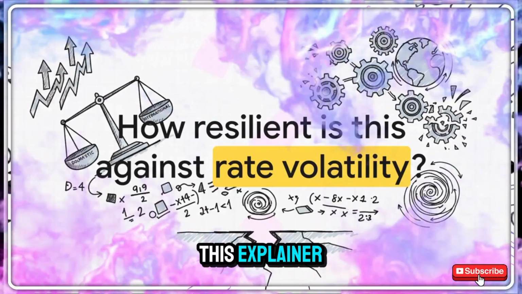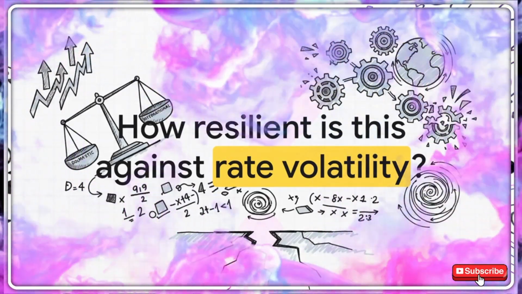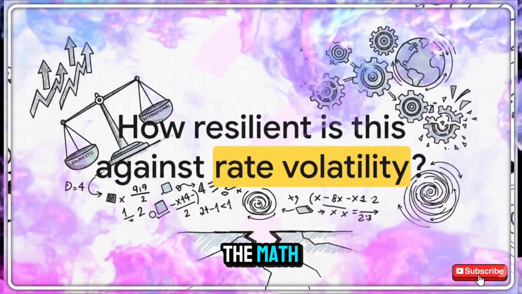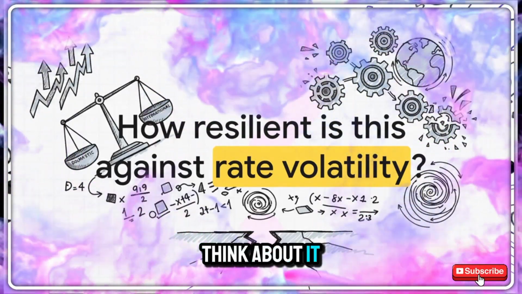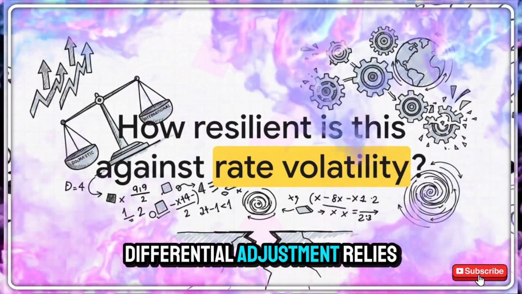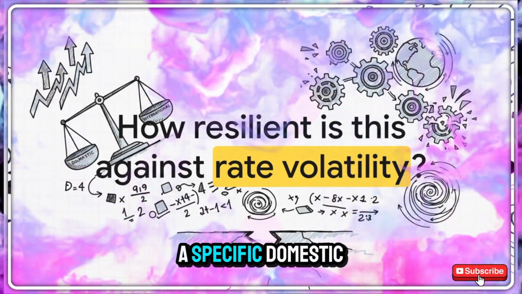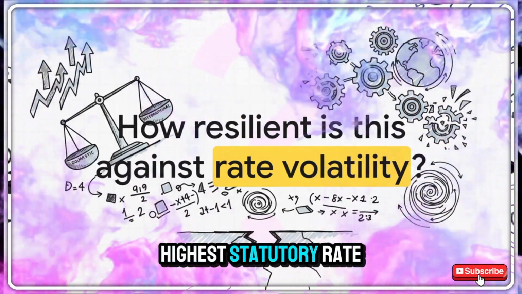To wrap up this explainer, I want to leave you with a final, slightly provocative thought. As global tax rates constantly shift, how fragile is the math actually holding this cross-border parity together? Think about it. This entire rate differential adjustment relies entirely on the precise mathematical ratio between a specific domestic preferential rate and a specific highest statutory rate.